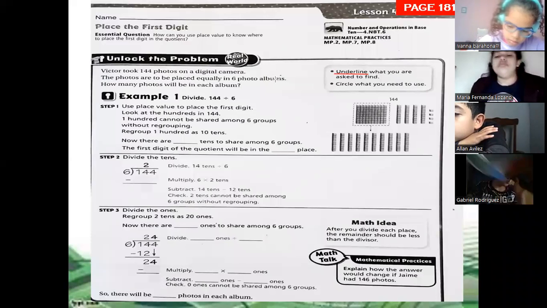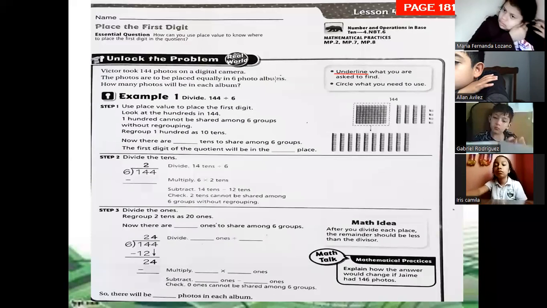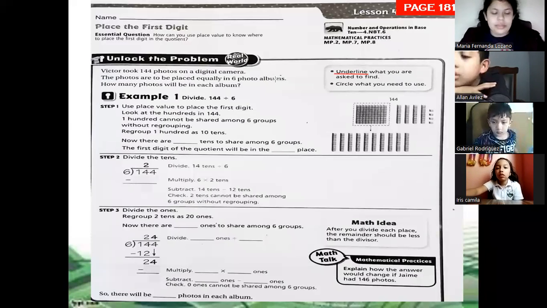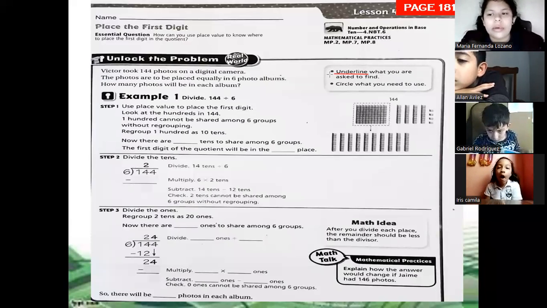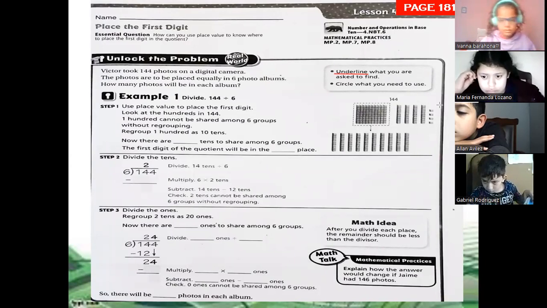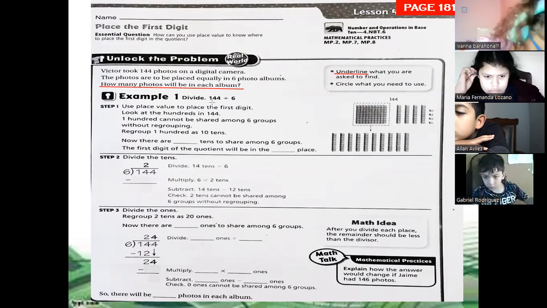Okay, we're gonna divide because we want to find what? We need to find how many photos will be in each album. What you are asked to find, the question, that's what we need to find. So you have to underline the question.